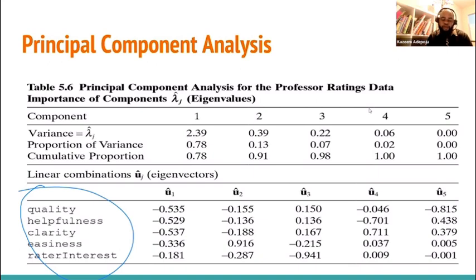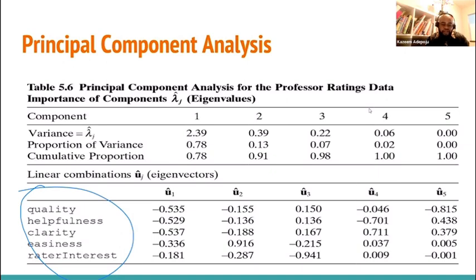Students rated their professors using these variables. The range is from 1 to 5, where 1 is worst and 5 is the best. And we realize that these variables correlate. There's a problem of multicollinearity.